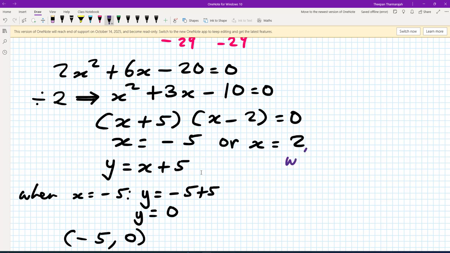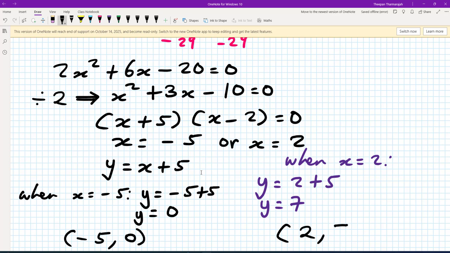So when x equals 2, y equals 2 plus 5, y equals 7. I've just written it in purple so it doesn't get too confusing. So now the second point of intersection is 2 and 7 respectively.